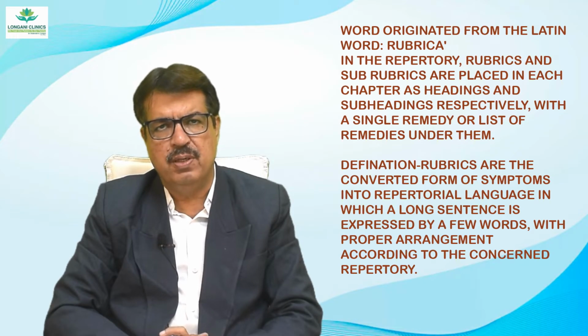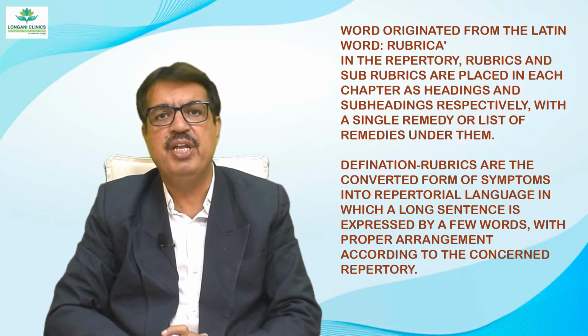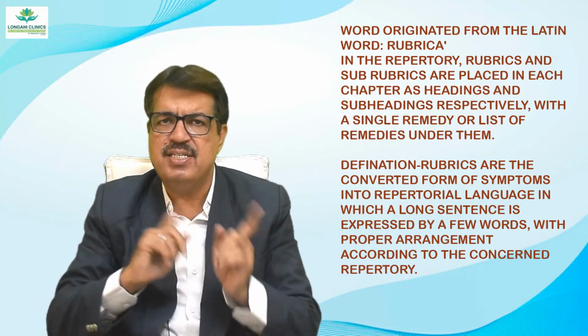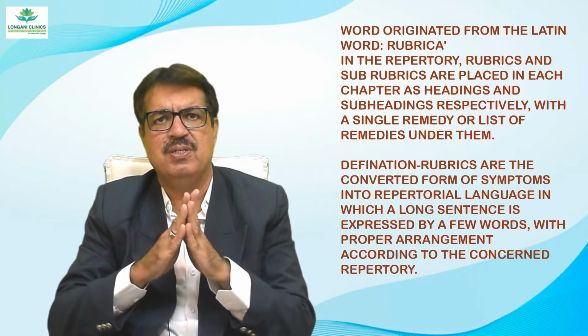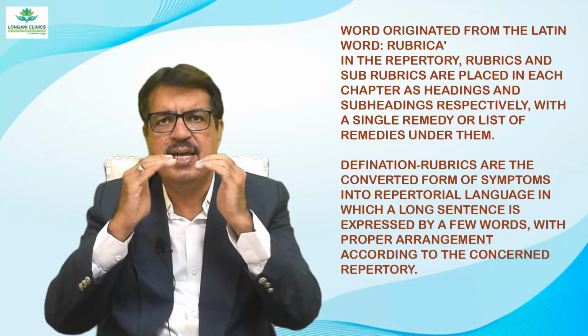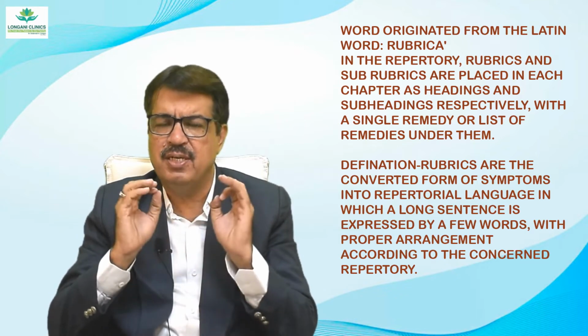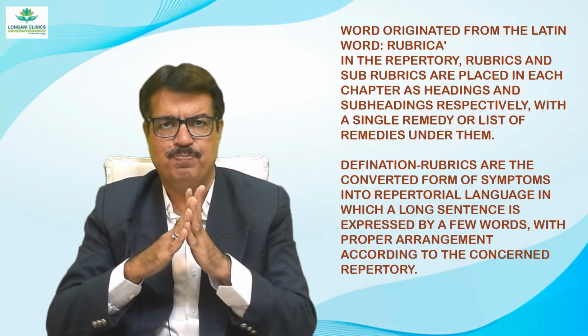Now we will see what is a rubric. The word rubric originated from the Latin word rubrica. In the repertory, rubrics and sub-rubrics are placed in each chapter as headings and subheadings respectively, with a single remedy or list of remedies under them.